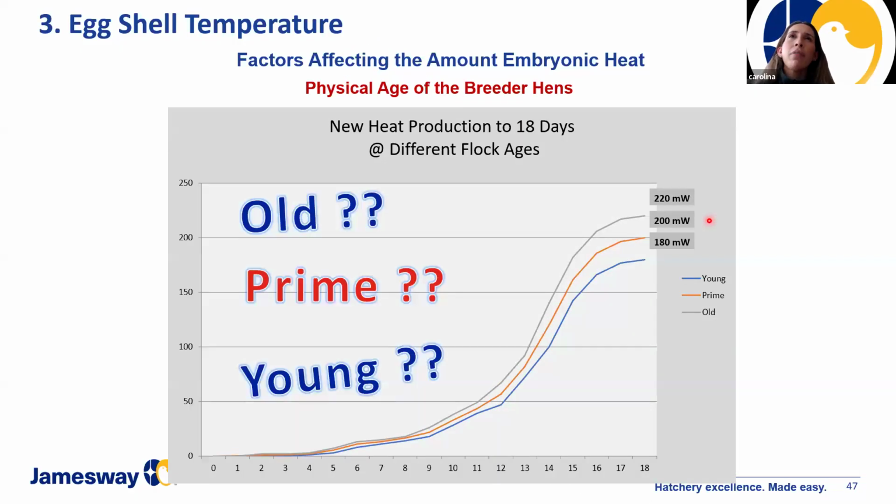Another factor that can affect the amount of embryonic heat will be the age of your breeders. As you can see here on this graph, we have a comparison of an old flock versus a prime versus a young. All right.